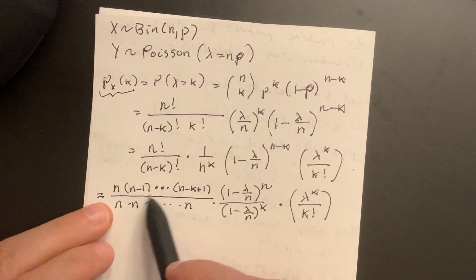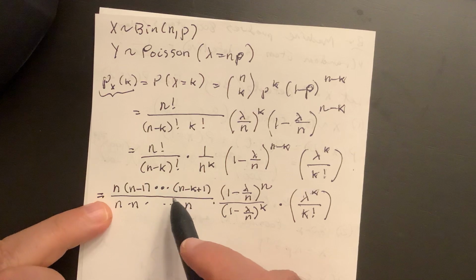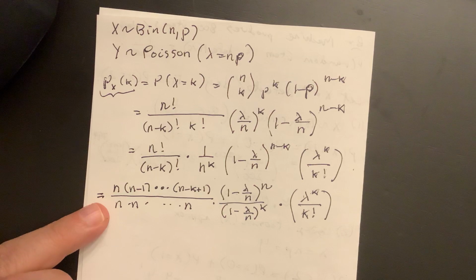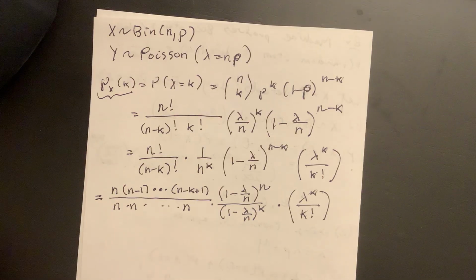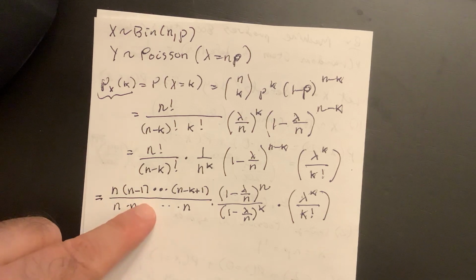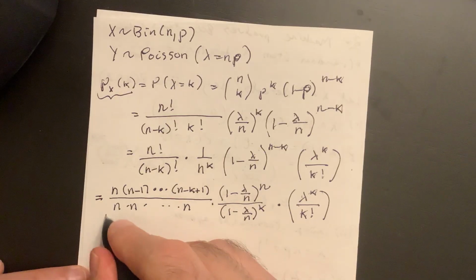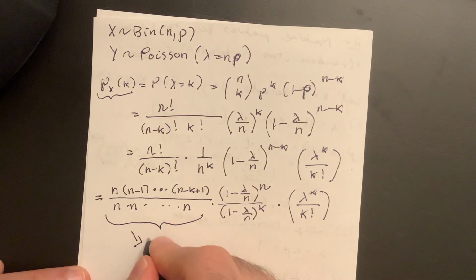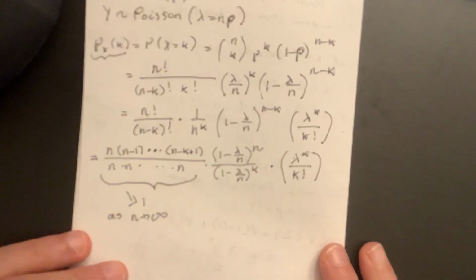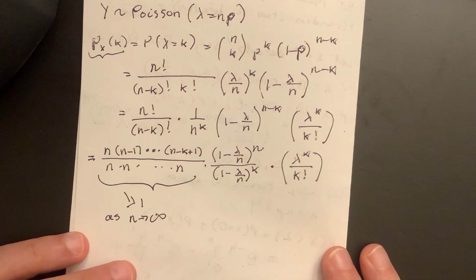Because if n gets big and k is not too big, which is reasonable, I want to know the probability that k is some number like 0, even up to 50, any finite k, but it's easier to see if k is not too big. Then these fractions all get close to 1. So this term approaches 1 as n goes to infinity. If n is reasonably big, that term goes to 1 and things are looking good.